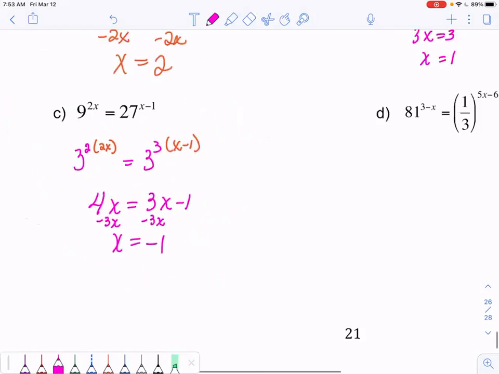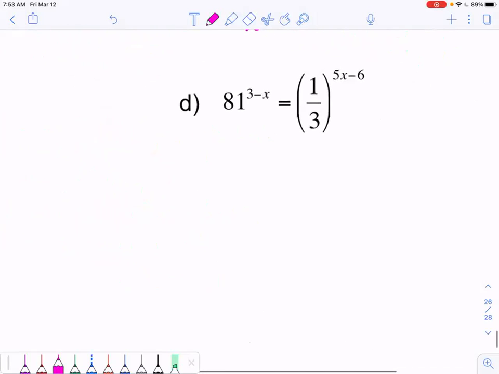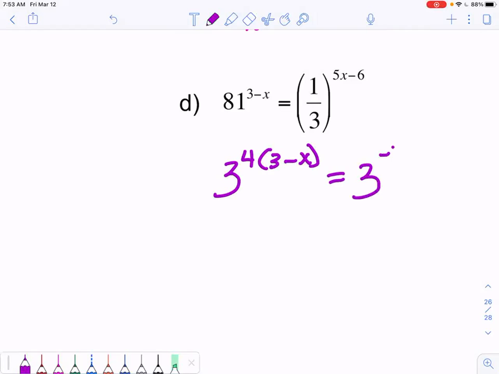And then looking at part D, Riley, how could you change 81? Yeah. And then how'd you change 1/3? Yes.